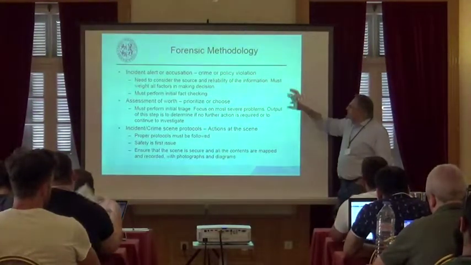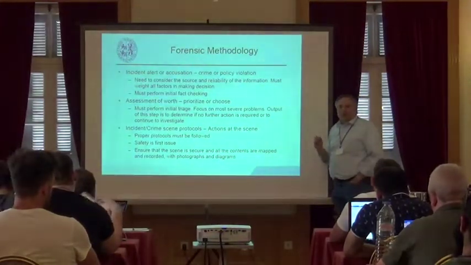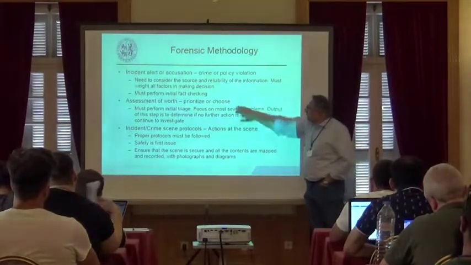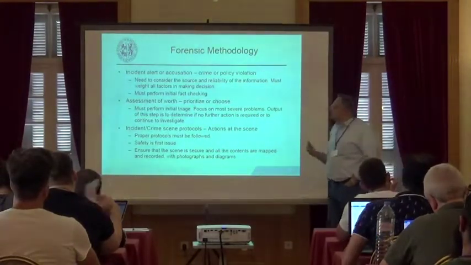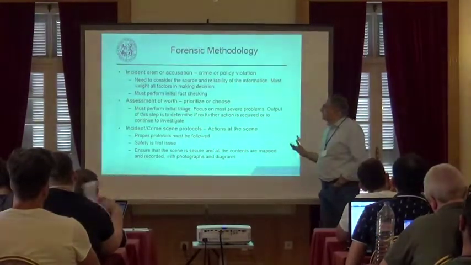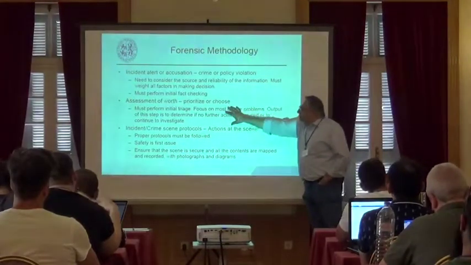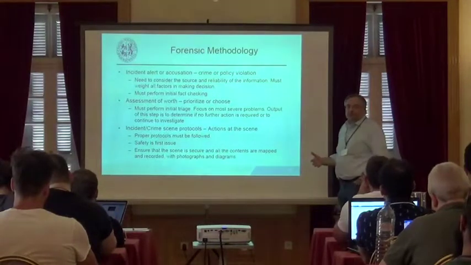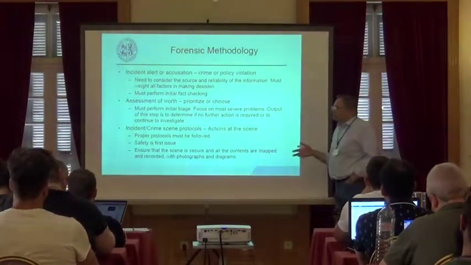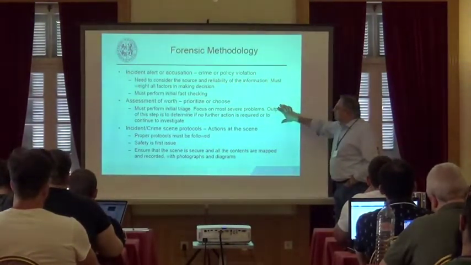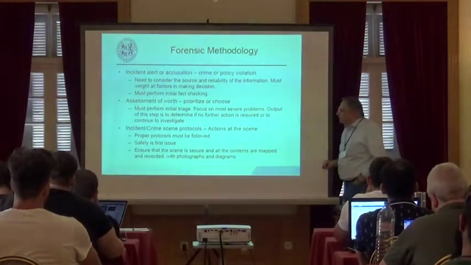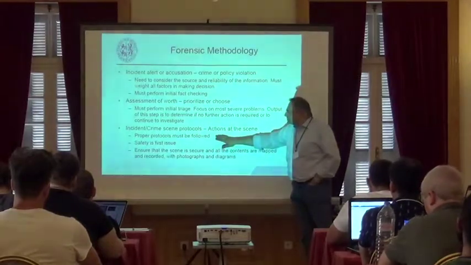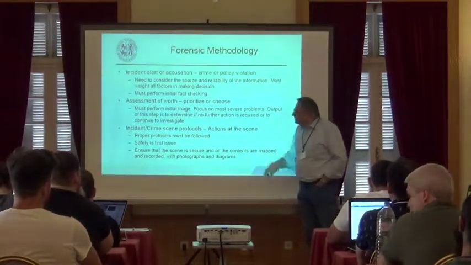So we need to be sure that the information we're getting is reliable, and we perform an initial fact checking. We need to determine what needs to be preserved and what cannot be preserved. Ideally we want to preserve everything, so we try to get as much as we can. And finally, we need to follow certain procedures to make sure that we don't contaminate the evidence.